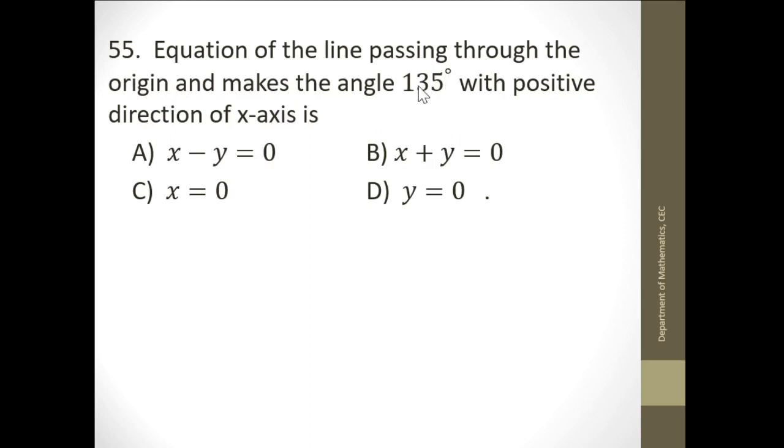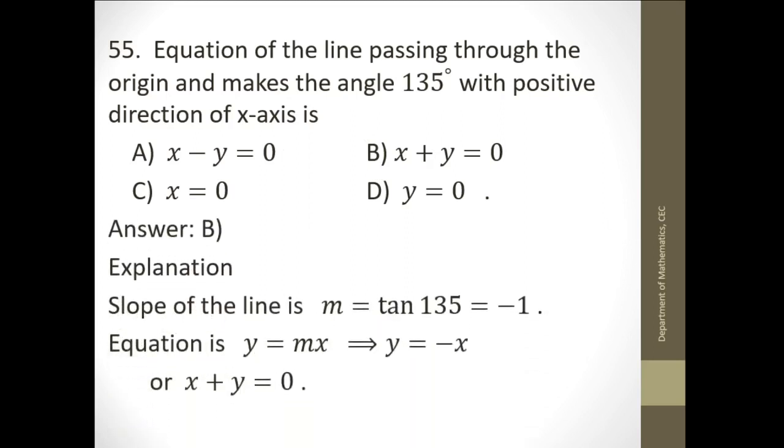Tan of 135 is nothing but minus tan 45. That means in the second quadrant tan is negative, minus 1. So y equal to minus 1 into x. y equal to minus x means x plus y is 0. Therefore, answer is B. So m is tan 135, that is minus 1. Substitute y-intercept is 0. y equal to mx is the equation of the line.